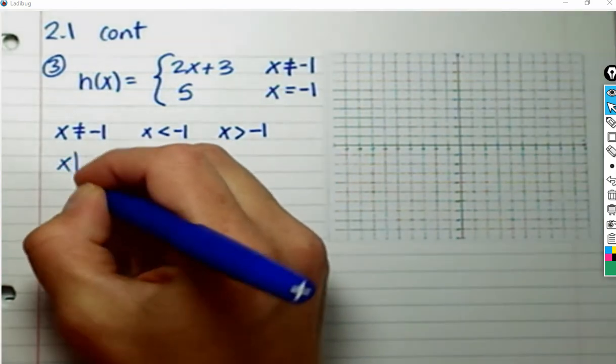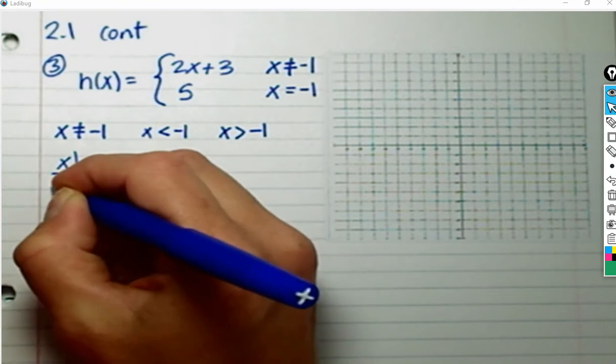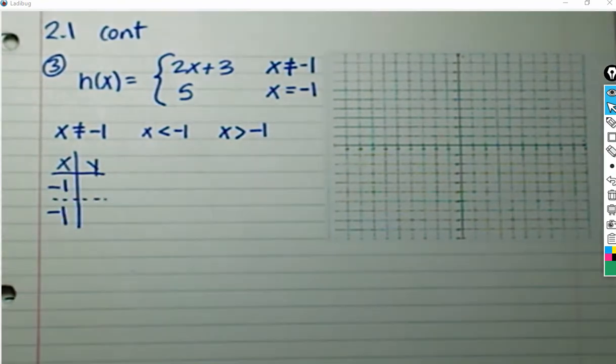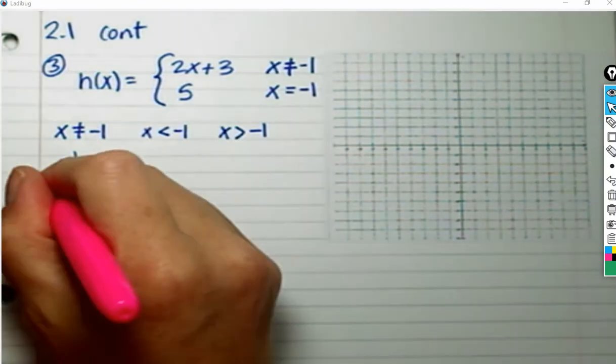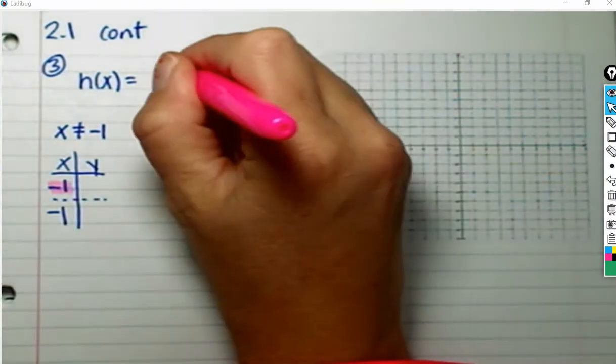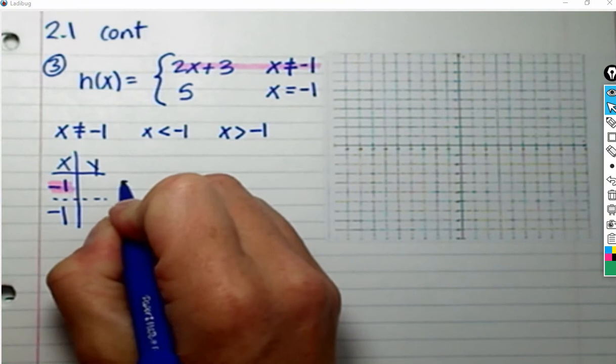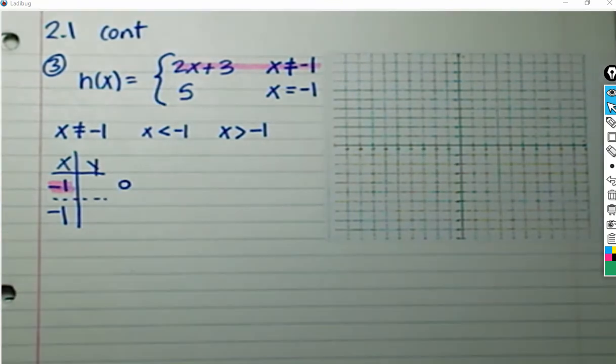So I will make my table, and it's just going to have -1 in it twice. And I'll color code so we can keep them separate. So this one, we'll go with this one. And that's basically the only point that I have. I know it's not equal to, that just means an open circle because it's not including.